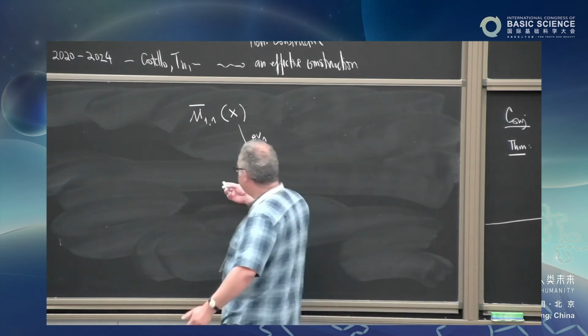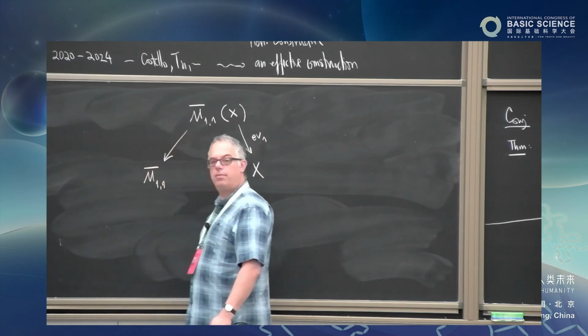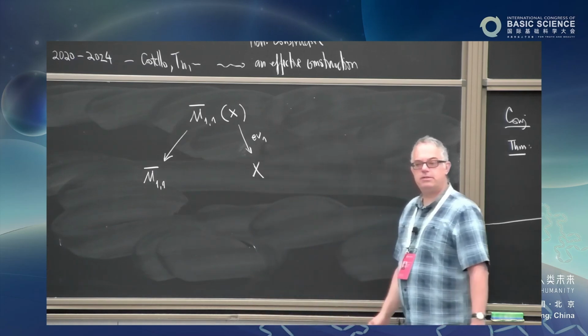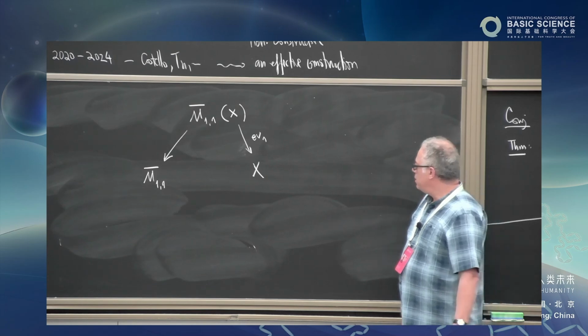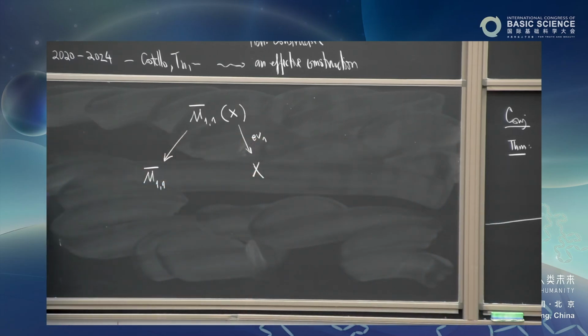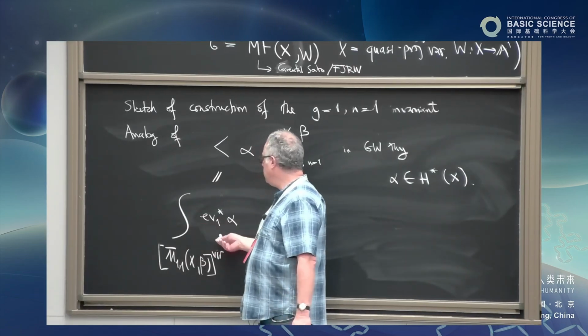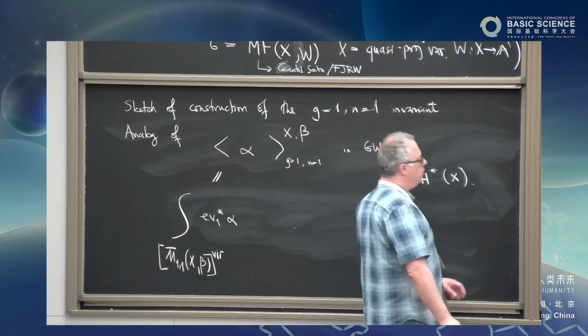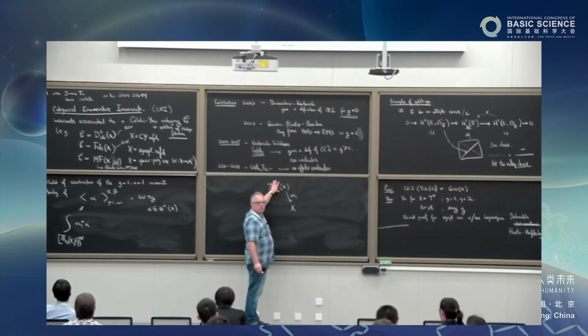Now, it's a very classical thing that this also has a forgetful map the other way around to M_{1,1} bar, the moduli space of elliptic curves in this case. All right? So the Gromov-Witten invariant that we are talking about here would be: you start with a cohomology class here, you pull it back to here, and then you integrate.